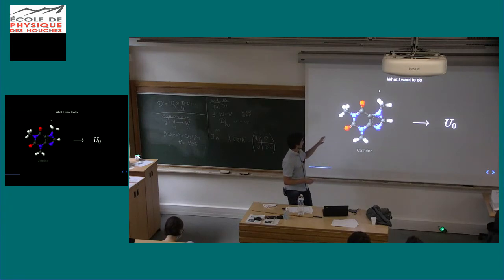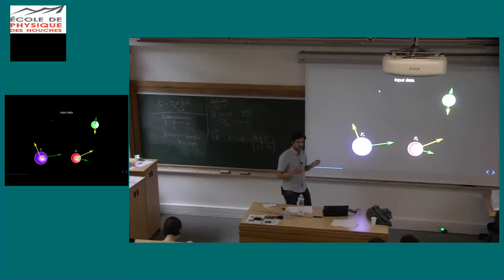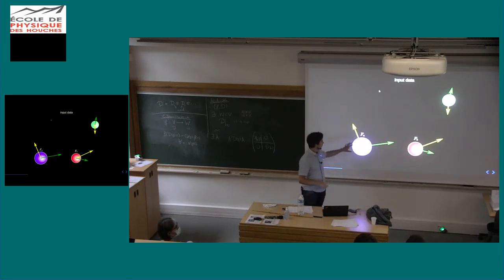I want a neural network that takes as input positions of the atoms and features on each of these atoms, for instance the atomic number.